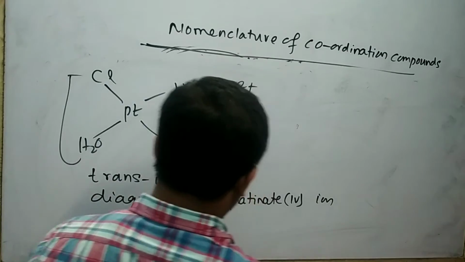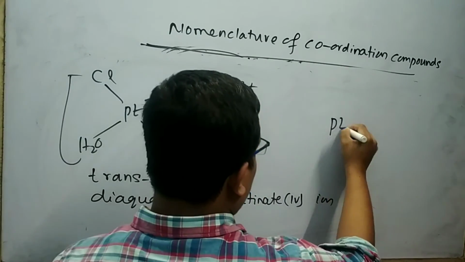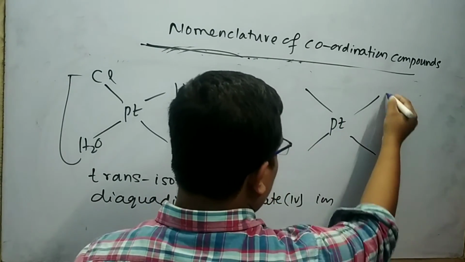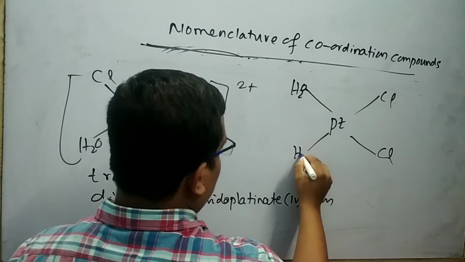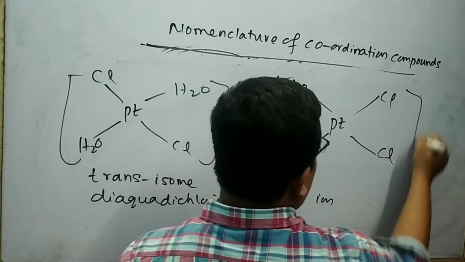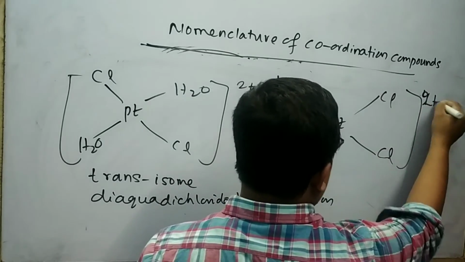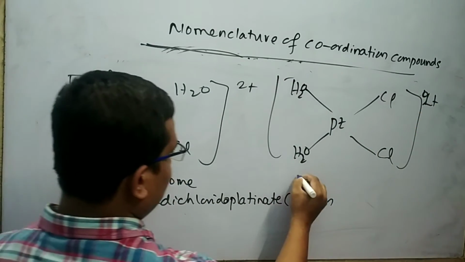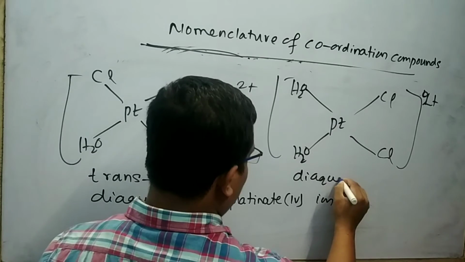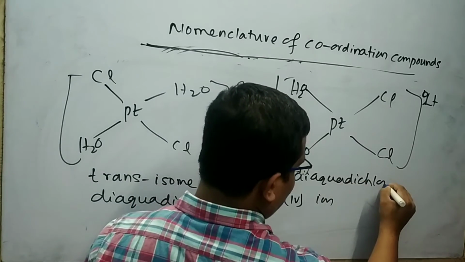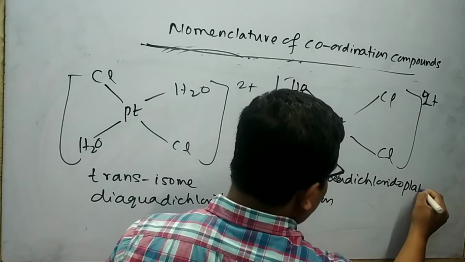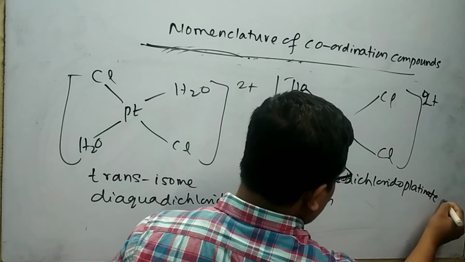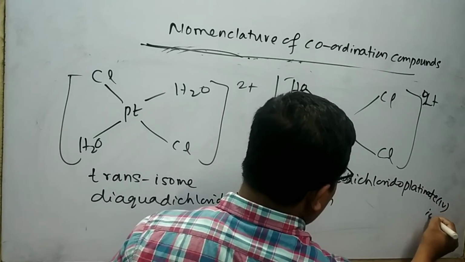IV ion. If I take another example, the name of this complex ion is also diaqua dichlorido platinate IV ion.